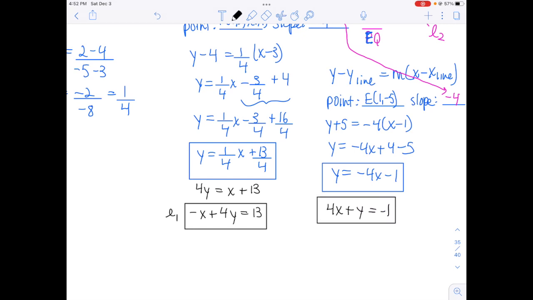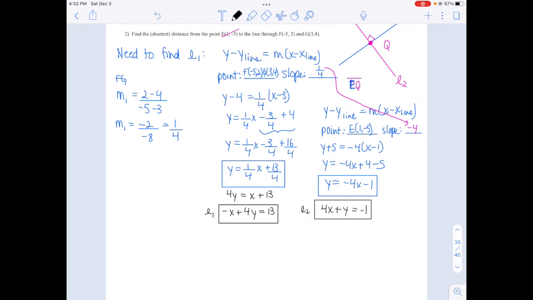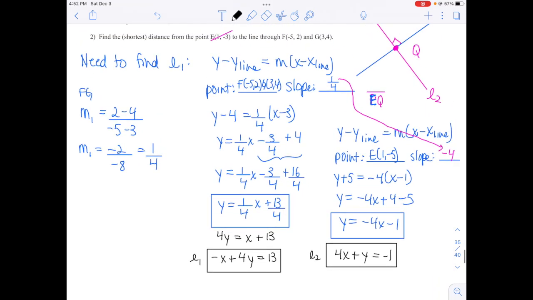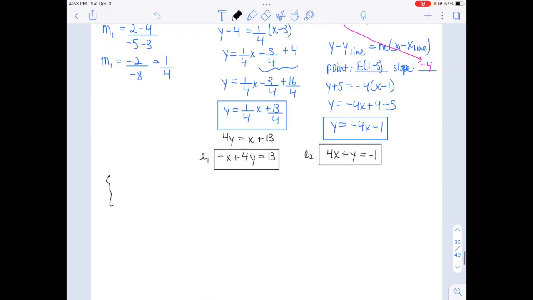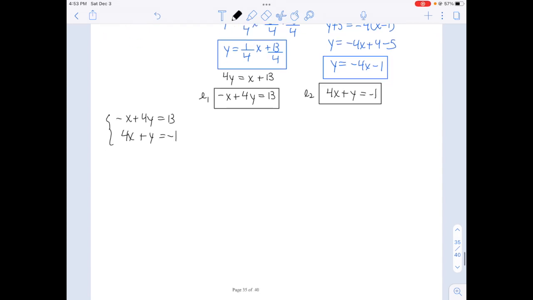Now that I have the equations of both of these lines, I can solve for my point of intersection and call that Q. Let's do it. So my point of intersection will be -x plus 4y equals 13, and 4x plus y equals -1. I could use substitution here. Why not?